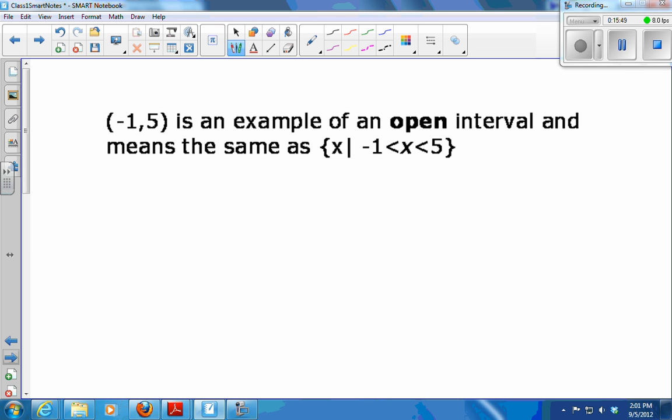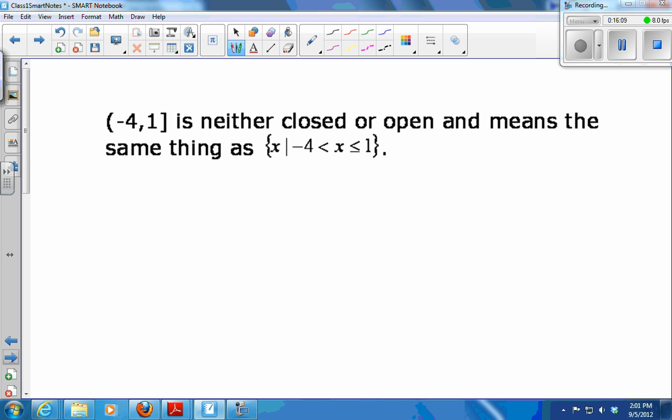So you have to gauge from the context of what you're working on whether this means the point (-1, 5), left 1, up 5, or the interval of x values from -1 to 5. It should be clear from whatever problem you're working on what it means. So this one we call neither closed or open, or some people say it's half closed or half open.